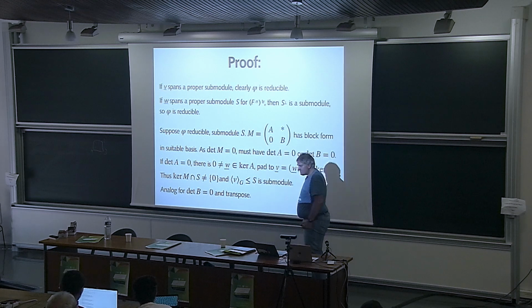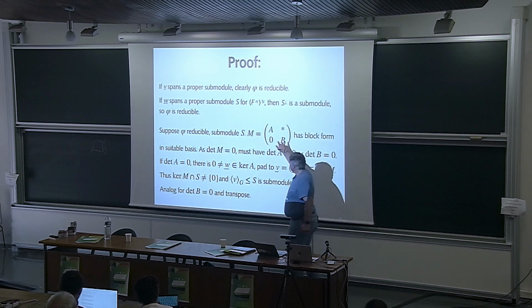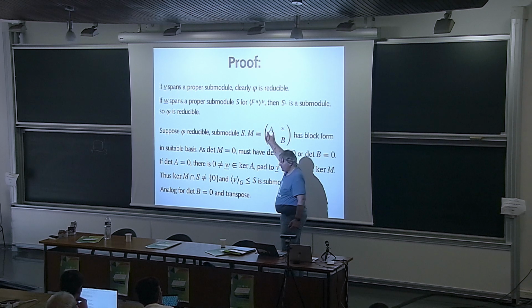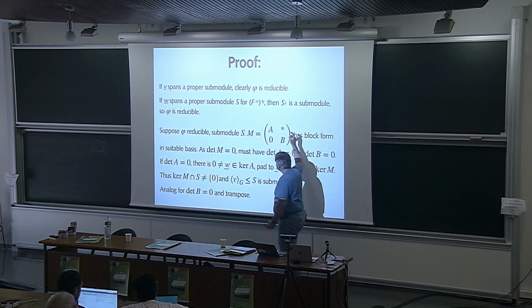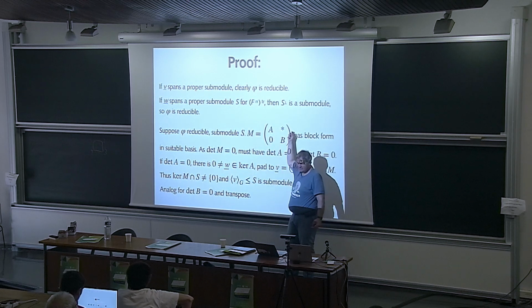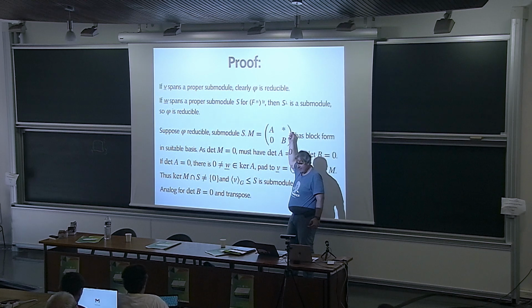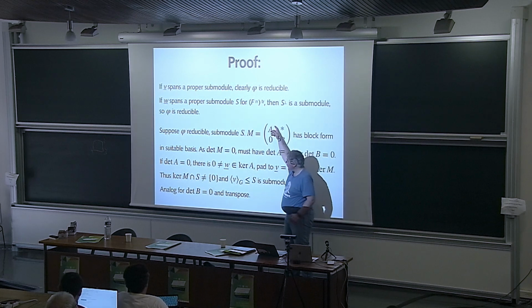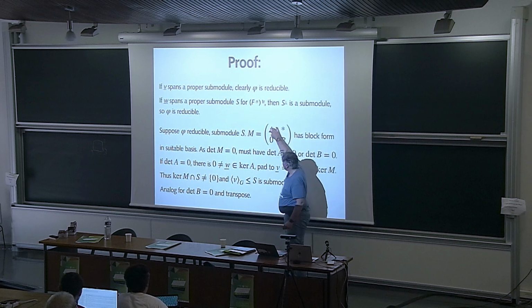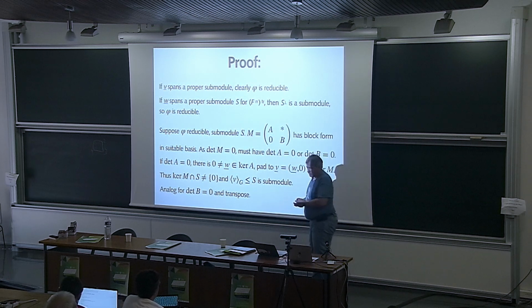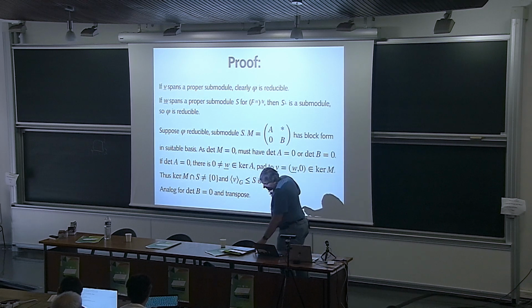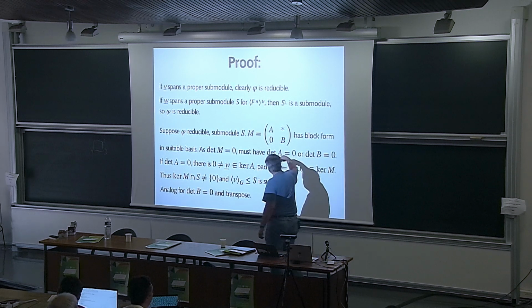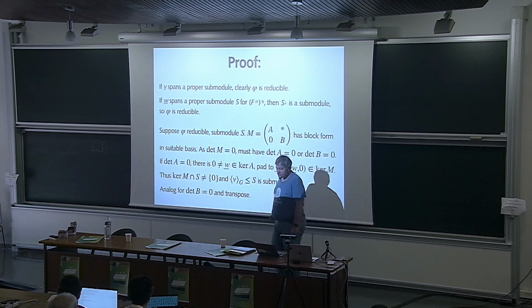Then there exists a vector which I can multiply with A, which gives me 0. And if I take that vector and I pad it with further zeros, that vector times M gives me 0. Yeah? But this padded vector has non-zero entries in the first few components, so that vector is in the span of the first few basis vectors, which is the submodule.